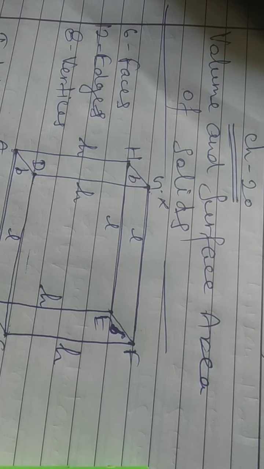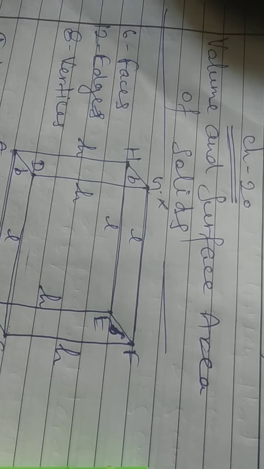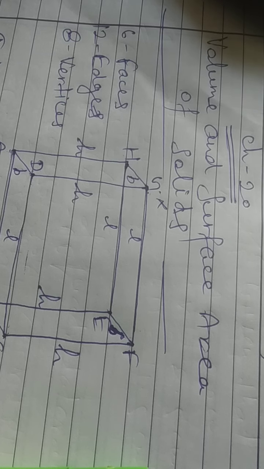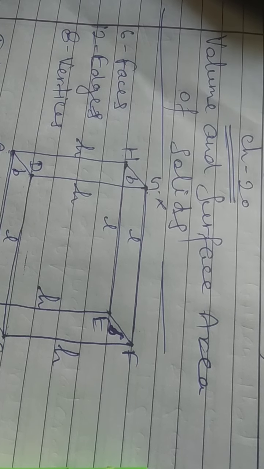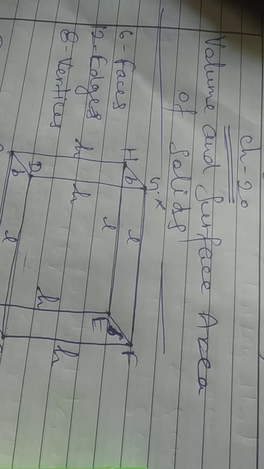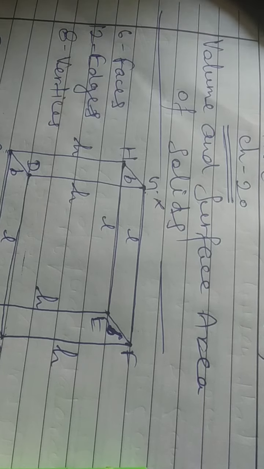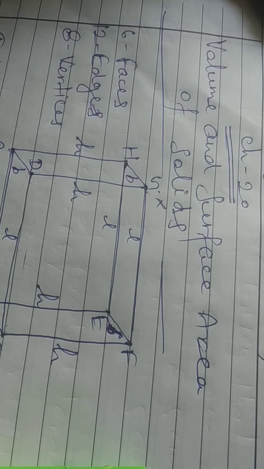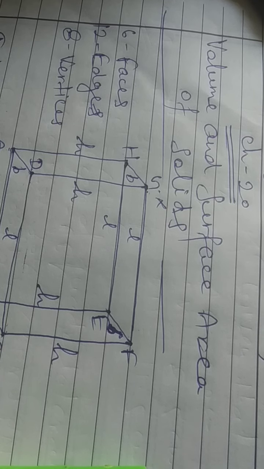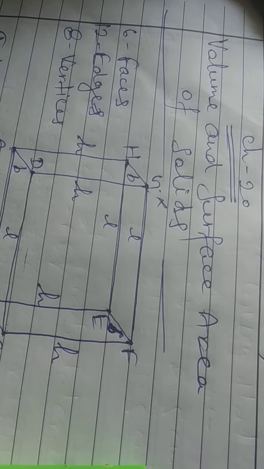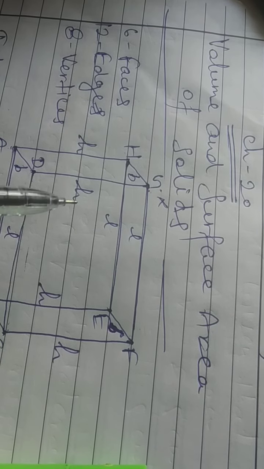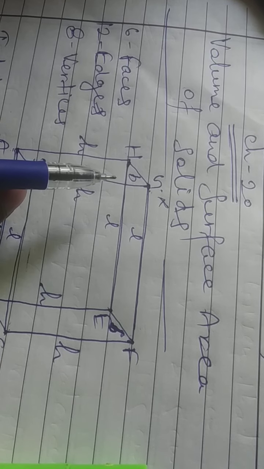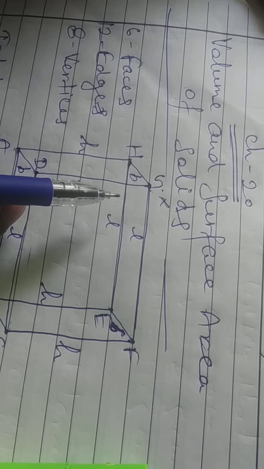In this chapter, we will discuss different types of solid shapes such as cuboids, cubes, cylinder, cone, spheres, etc. All of these figures are three-dimensional figures, which are described in 3 dimensions. First of all, we will discuss the first solid shape, which is cuboid.